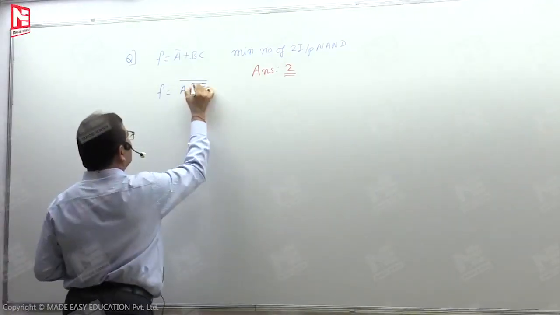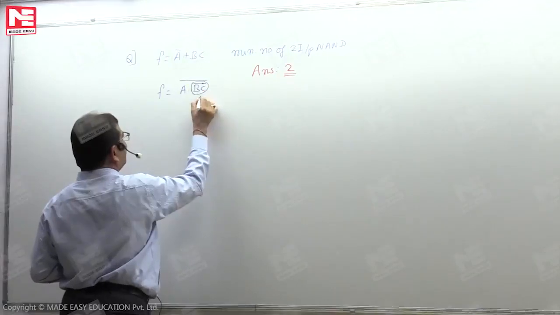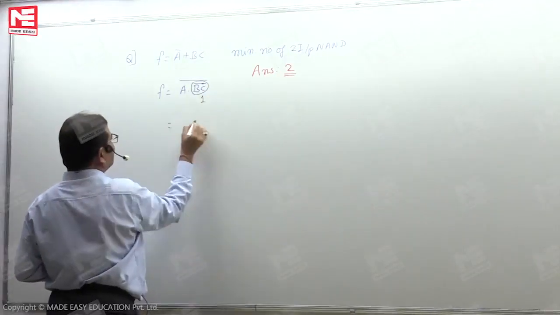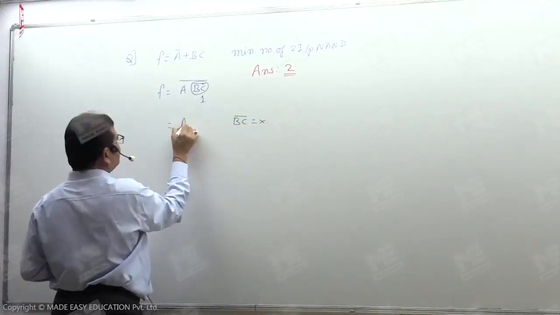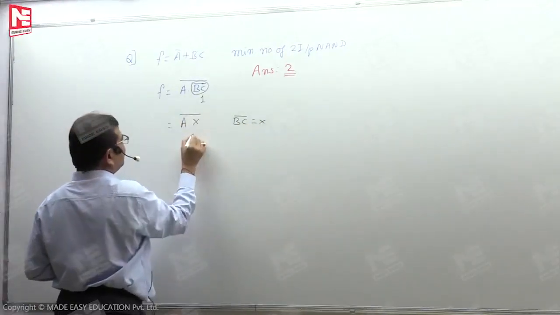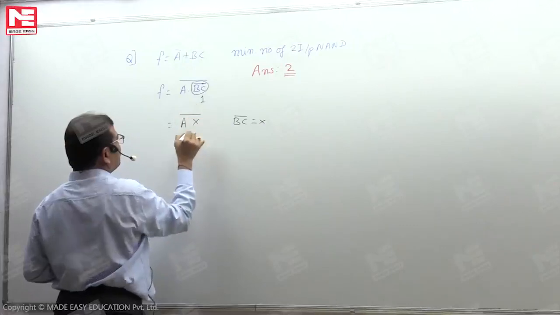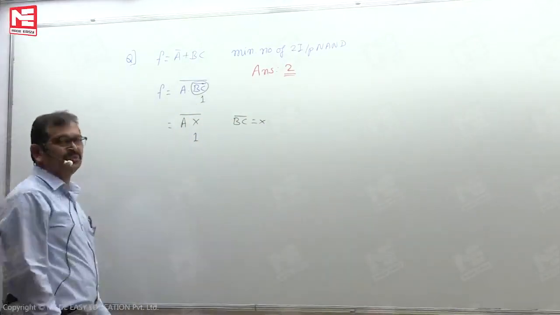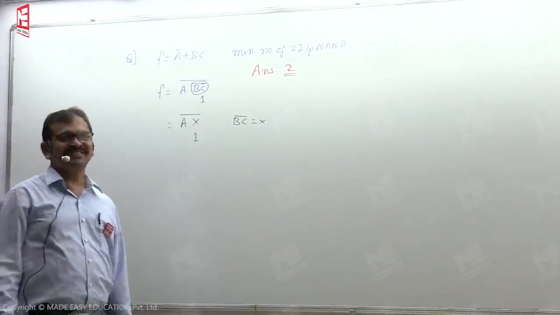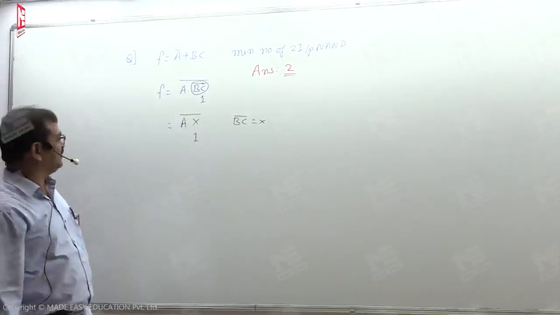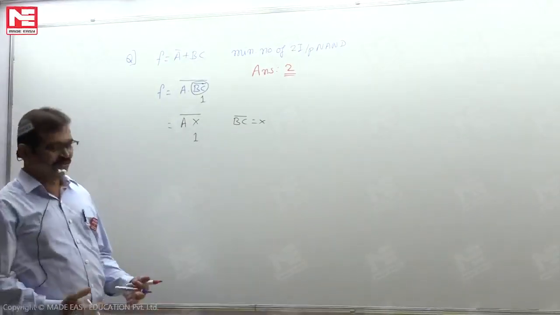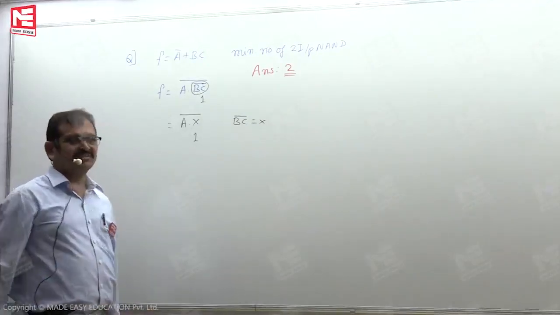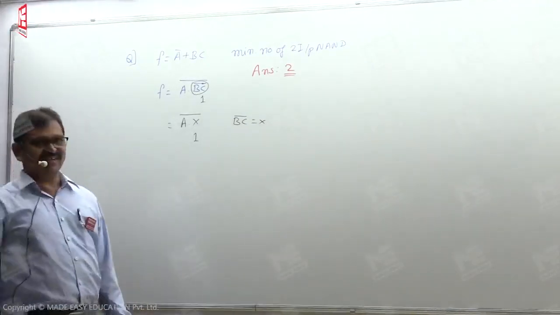For BC complement, you need 1 NAND. Later, the BC complement, if you call it X, effectively it is A X whole complement, you need 1. So 1 plus 1, the answer is 2. Like this, you must frame the idea, you must speak the answer. So that is a shortcut. You have to remember the concepts. With the concepts, you can speak the answer fast.